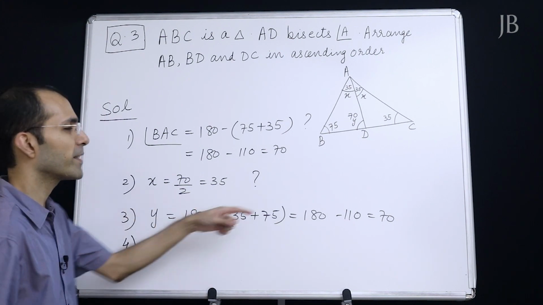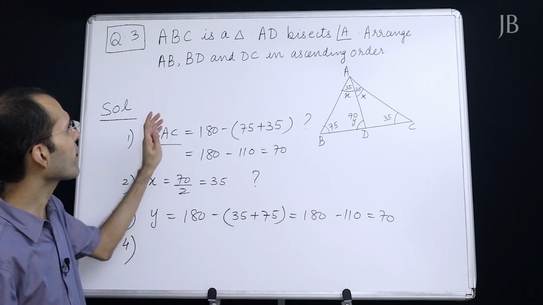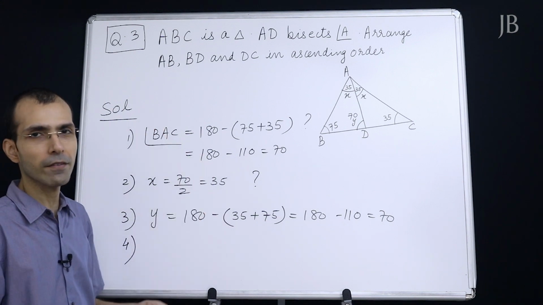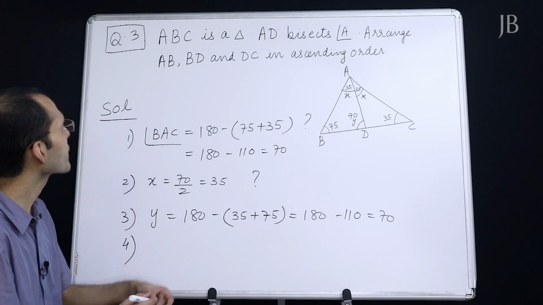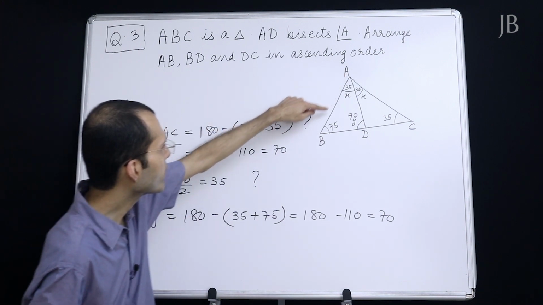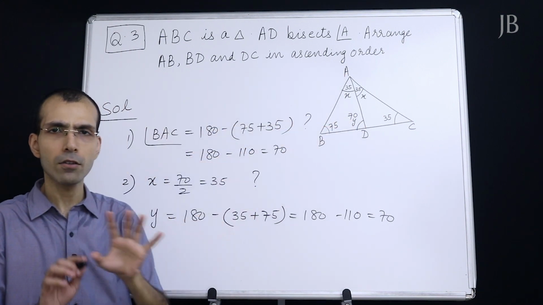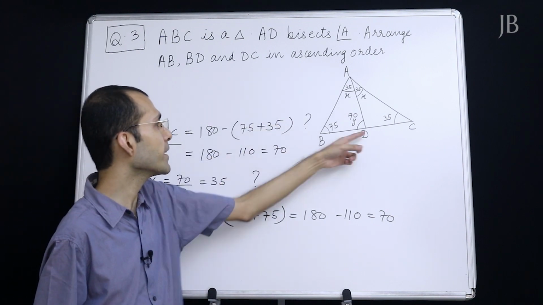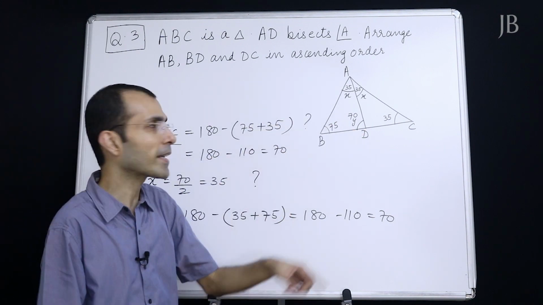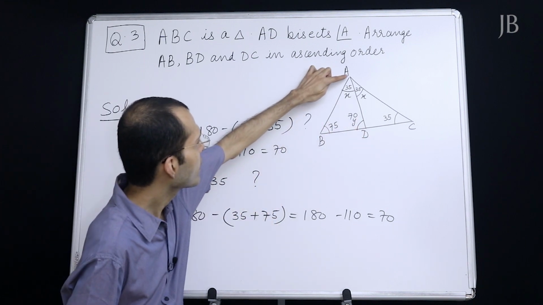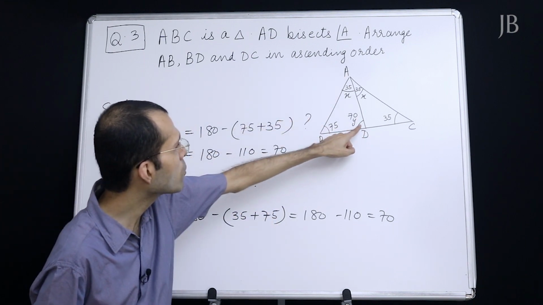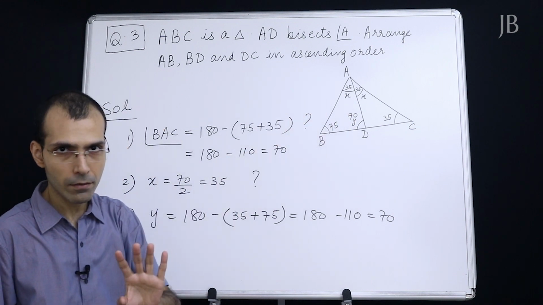No need to write units and all. Only in the final answer you write the units wherever required, not in the intermediate steps. Now see, we are comparing AB and BD, not a problem because AB and BD both come in the same triangle, that is ABD. AB is opposite to 70 degrees, very clear.